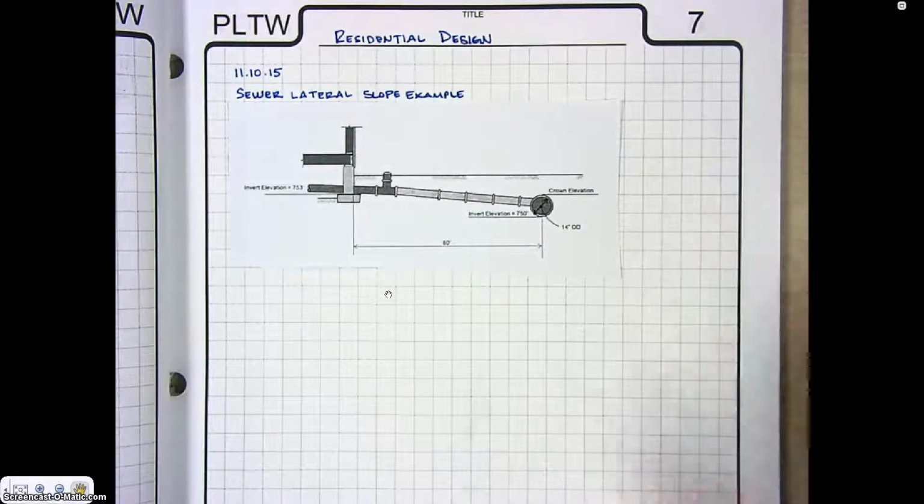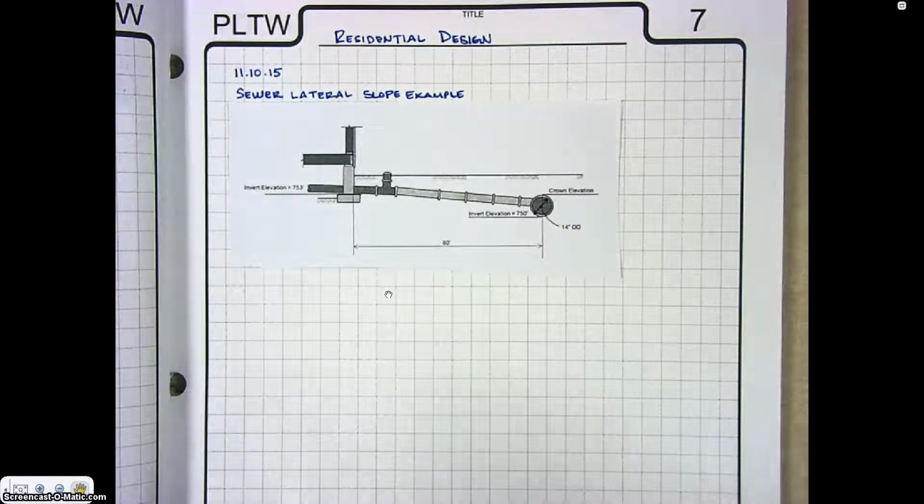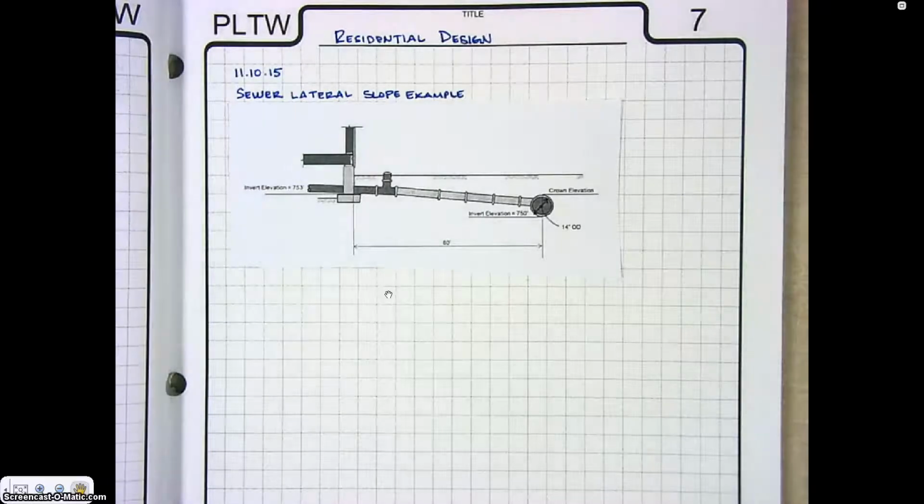All right, and so the first thing that we'll do is we'll write down a little formula that we're going to use to solve for this.